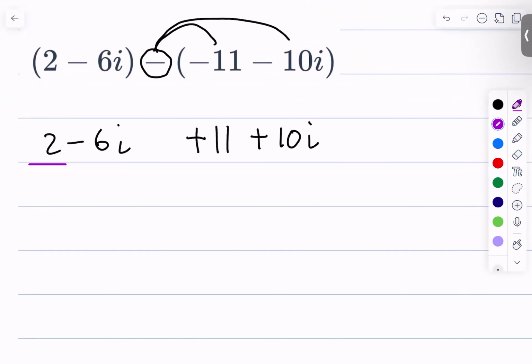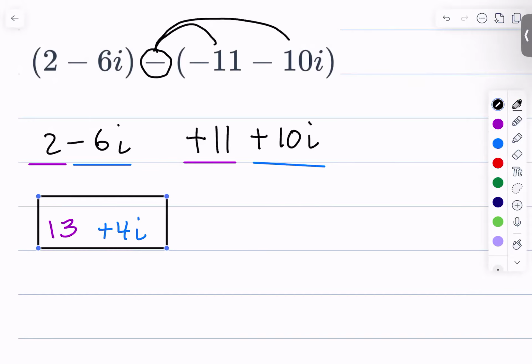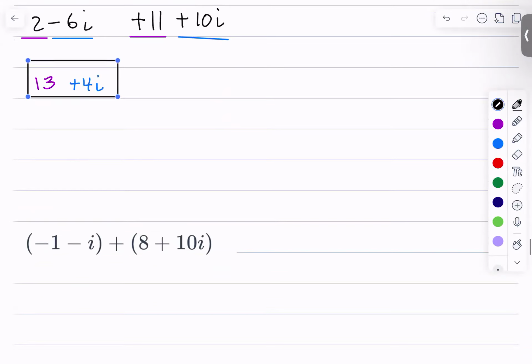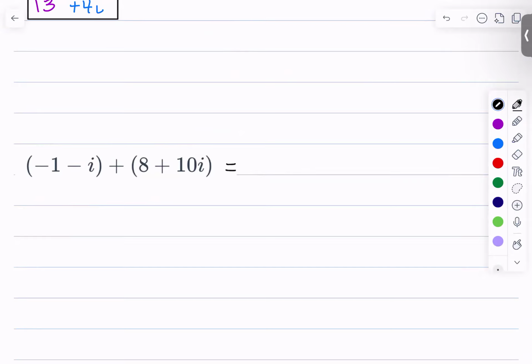So 2 plus 11 is 13, and then -6i plus 10i would be plus 4i. This would be the answer. For the next one, when you gather all the like terms, it would be 7 plus 9i. That would be your answer there.